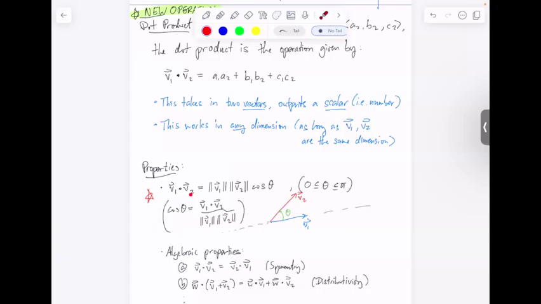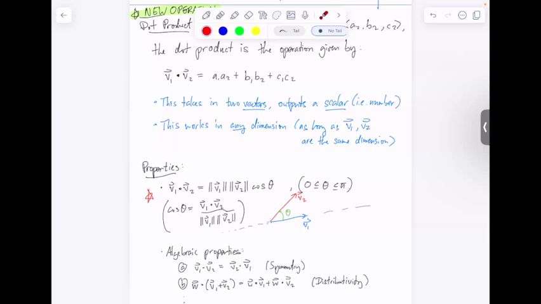Let's say v1 is a unit vector, meaning something of unit length, and I have another vector v2, might be big, might be small. Then v1 dotted v2 is just the magnitude of v2 times cosine of the angle between them.